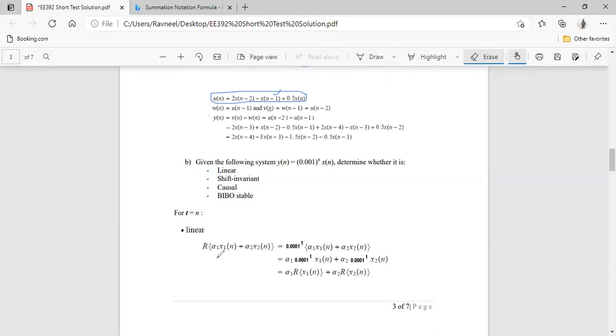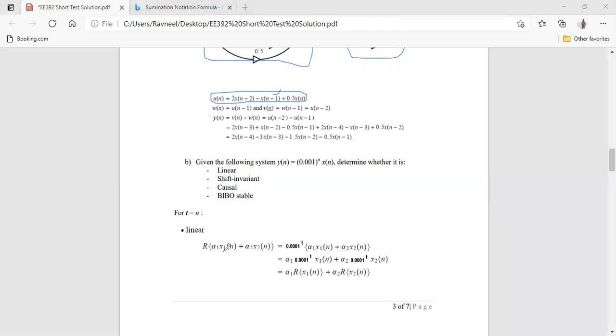Based on what you are learning, we are substituting x of n, considering that x of n is a multiplication and a summation, both additive and homogeneous.